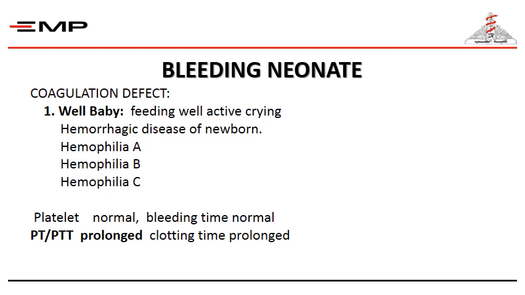The causes will include hemorrhagic disease of the newborn, which is the commonest cause of bleeding in neonates, or hemophilia, whether it is A, B, or C. And as we said before, in these babies the platelet count will be normal, while the PT and/or PTT will be prolonged.